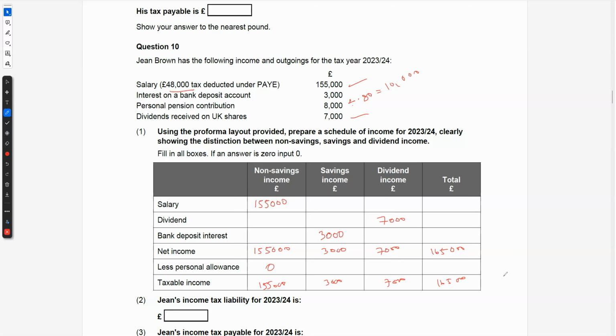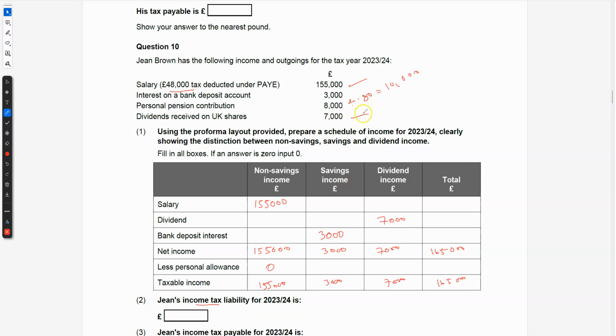Now when you calculate the tax liability, we need to do some workings, of course, so let's try to do it. The first one says income tax liability, so you're going to calculate the income tax liability. So you calculate the basic and the higher and the additional. You need to remember the basic band has to be extended.